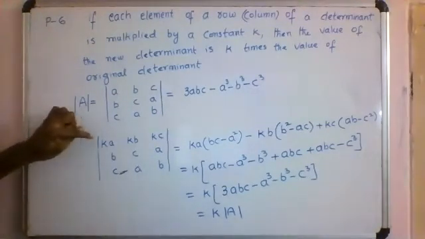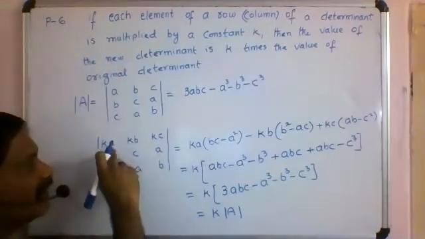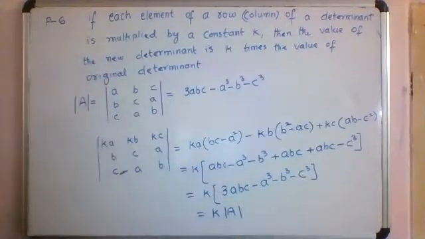So if I multiply each element of a row by K, I got K times the determinant of the original matrix.